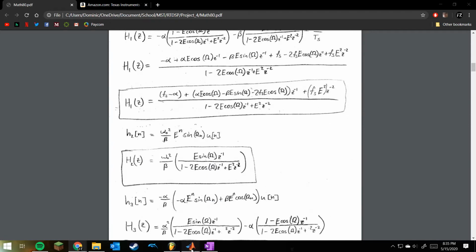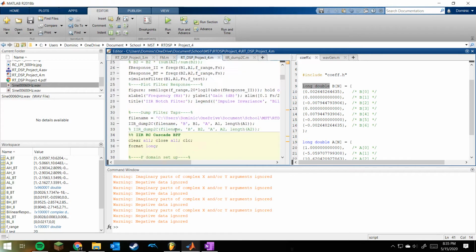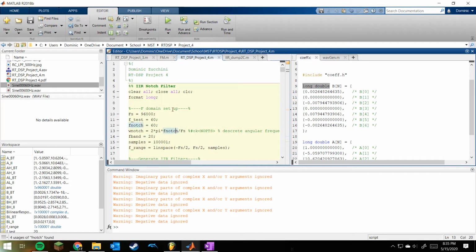So let's go ahead and go into MATLAB and look at the notch filter. In this implementation, we're setting the format for all the floating point numbers to long format, which is just the 64-bit format. And then after that, we go ahead and set up all the frequency stuff.